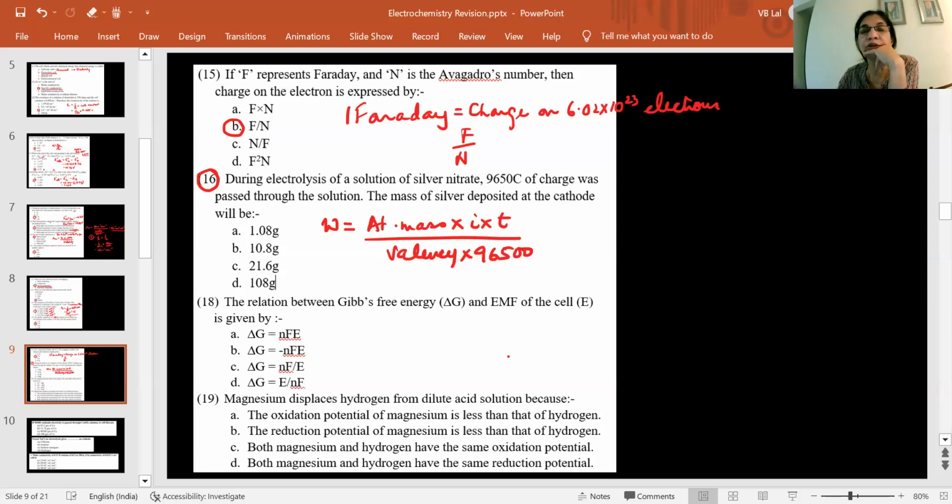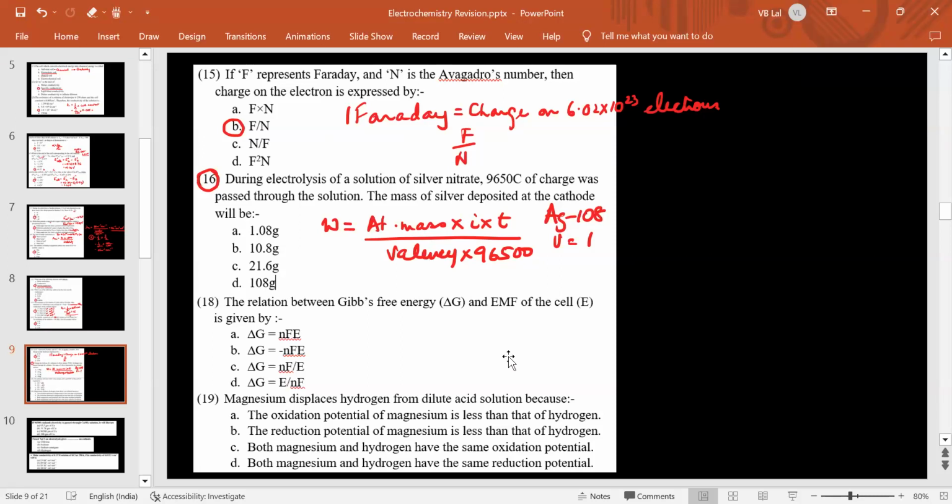Now atomic mass of silver, Ag, is 108 and valency is 1. So put the values and find the answer quickly. Vishal, you have to answer this. Ma'am, 21.6 is the answer.